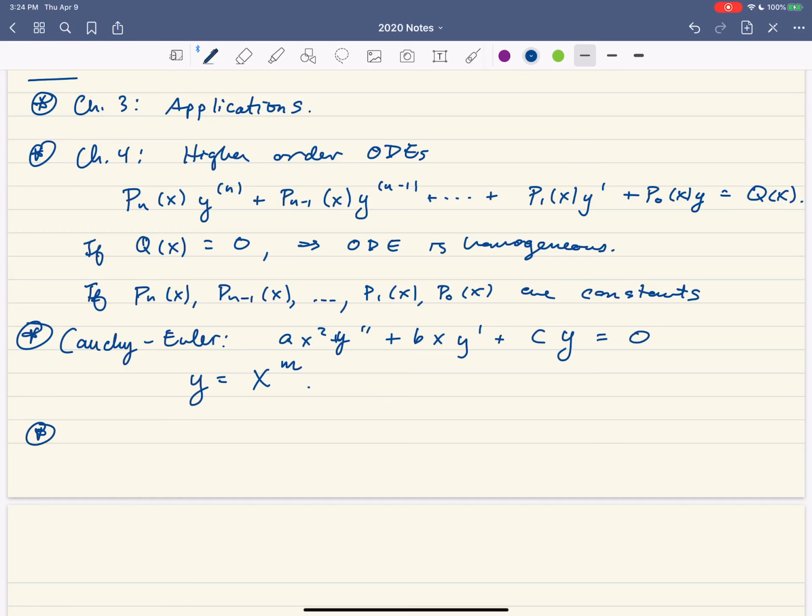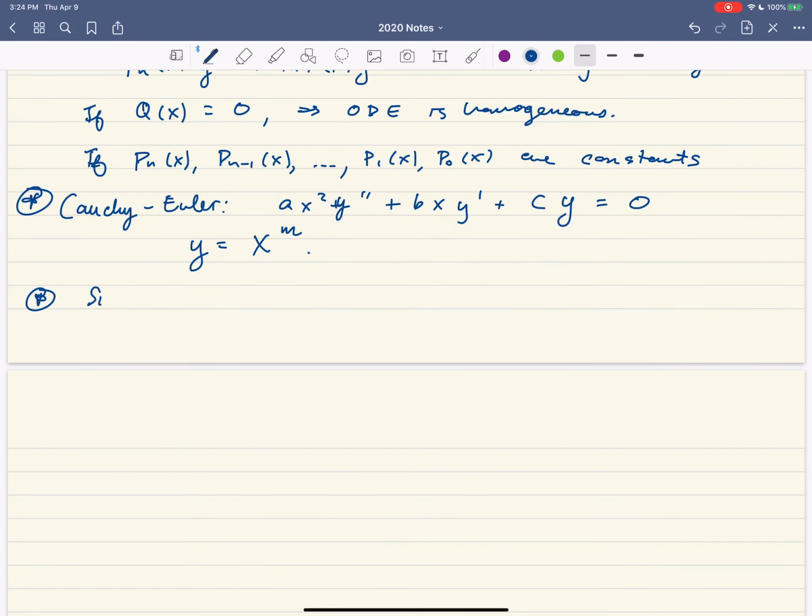We also talked about systems of linear differential equations. So these are systems where you have something like dx dt is equal to some function of x and y prime.